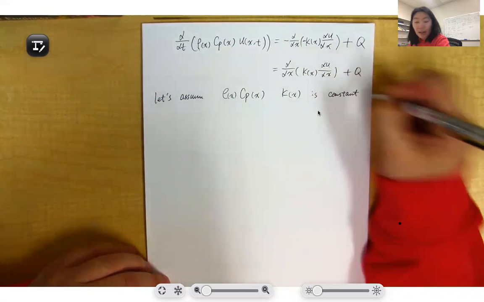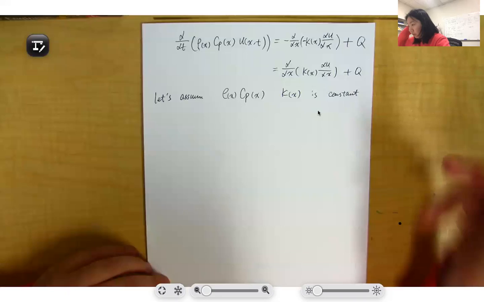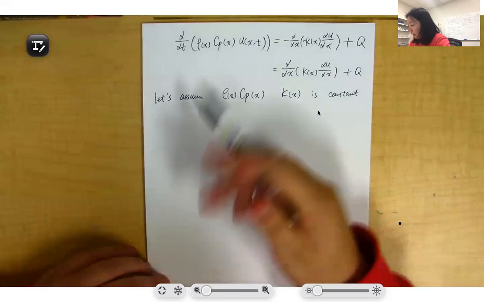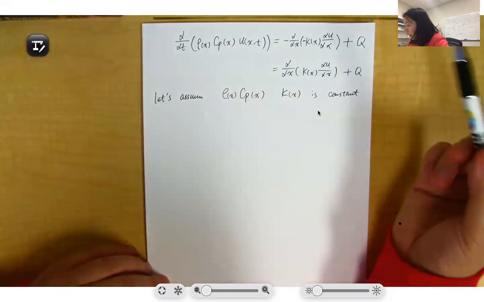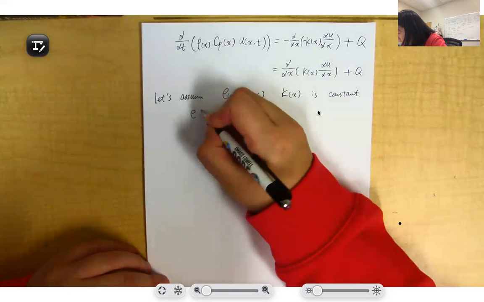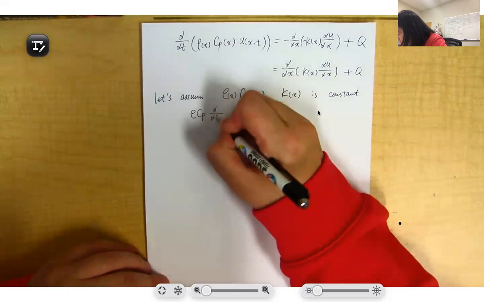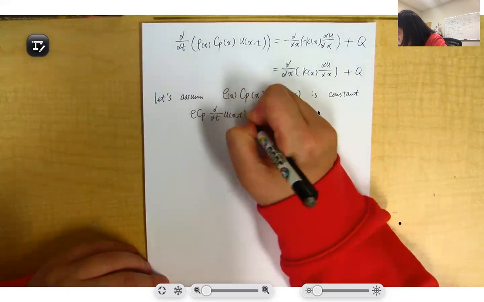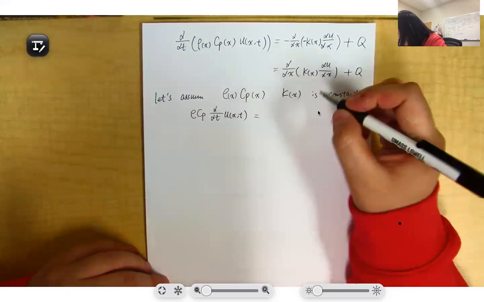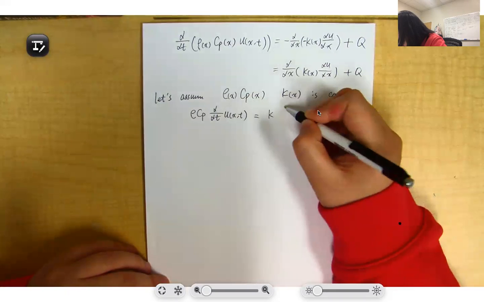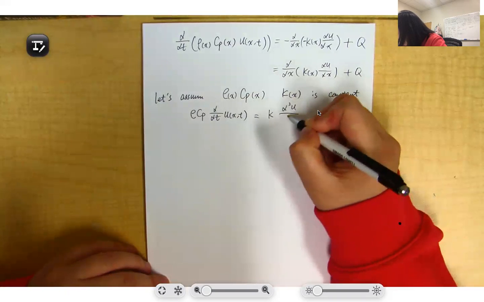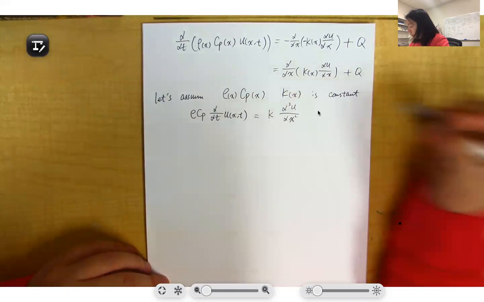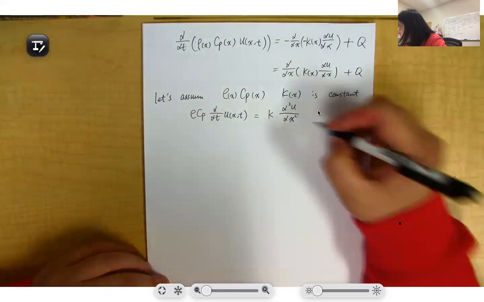That means they are not functions of x, so they are all constant. Then we have rho Cp d/dt u(x,t) equals k times the second derivative of u in space.